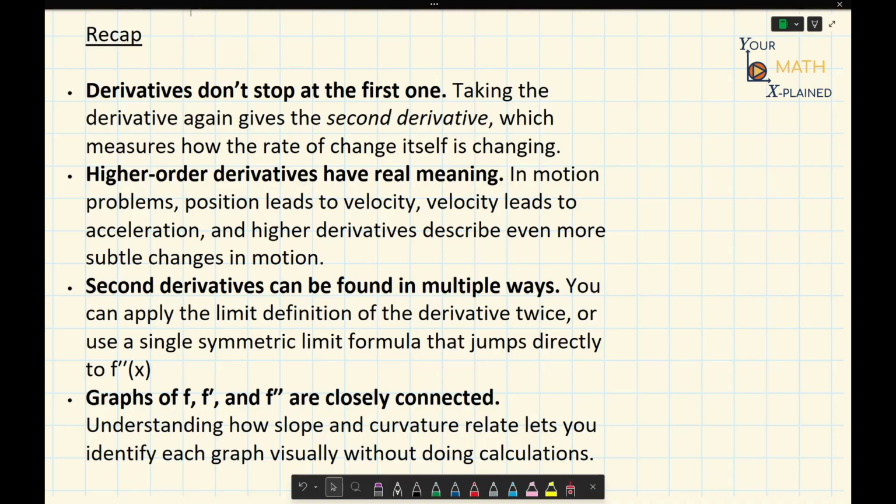We applied the limit definition of the derivative twice, and we also used that single symmetric limit formula to jump directly to finding the second derivative. And finally, we looked at an example of how to identify the graphs of f, f prime, and f double prime. Understanding how slope and curvature relate lets you identify each graph visually without doing any calculations.